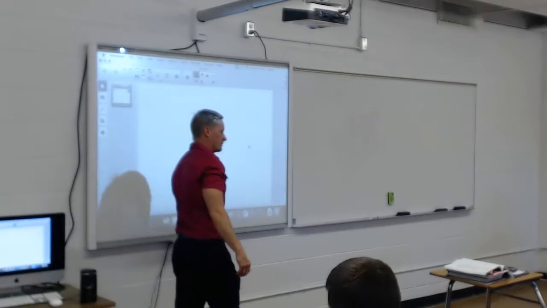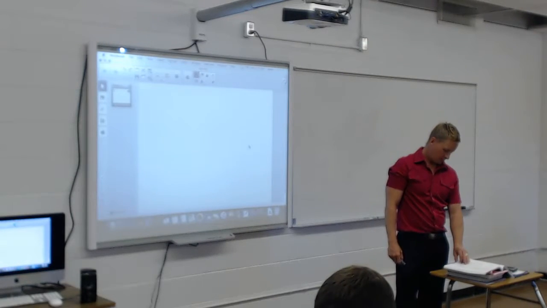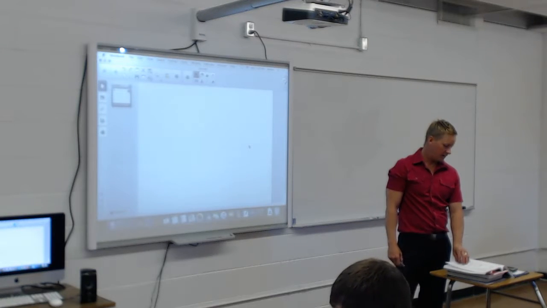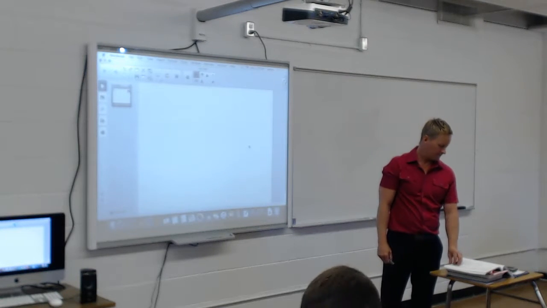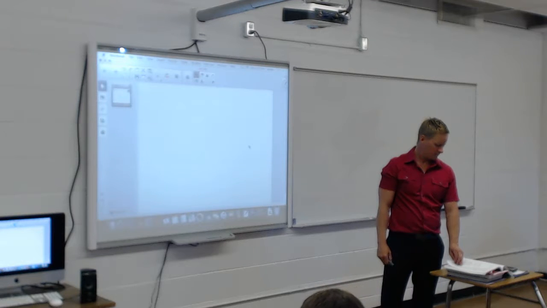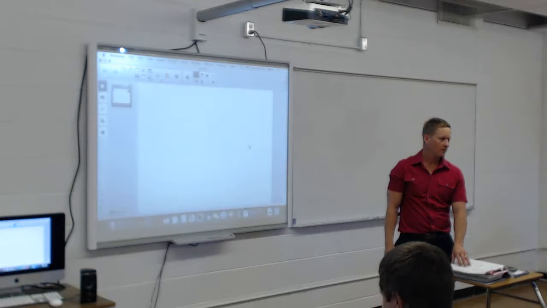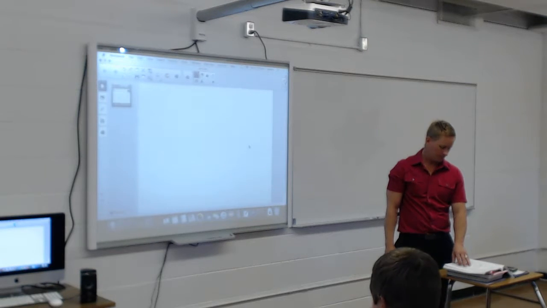Alright, what page are you on? 193. So you've got to use, which method are you using? Are you using substitution or? No, not substitution, the other one. Elimination. So you're putting the elimination question in the substitution question. It's asking you to do the substitution. Oh, sorry, 9.2.